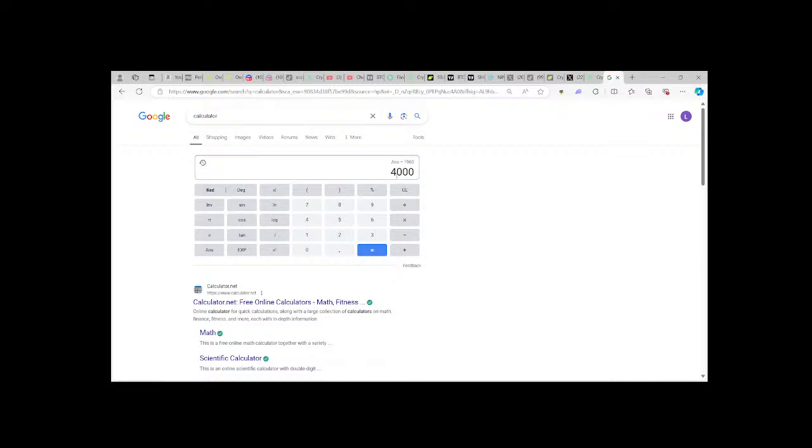Now, the best part about learning the system that I teach is you compound and build, and eventually 40% on this is going to bring in $1,200. So eventually, you'll have 6,000, 10,000. You'll get to the point where you have a $10,000 bag, and when it moves 40%, it's $4,000.